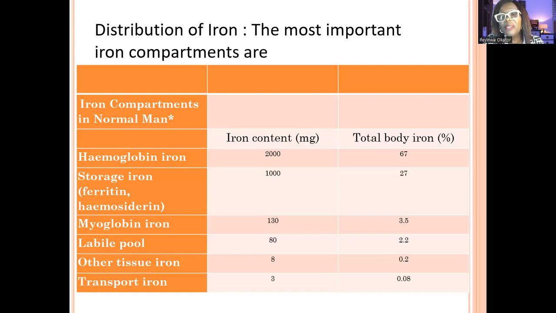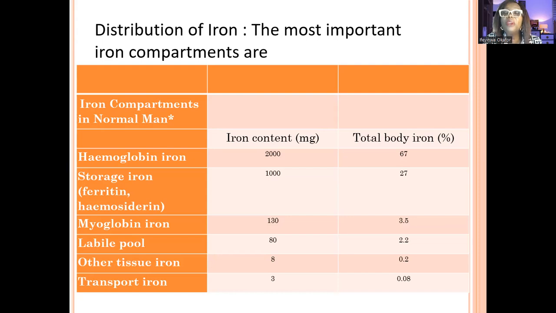We have storage iron. This is iron found as part of proteins that are used as stored iron, like ferritin and hemosiderin. We also have transport iron, iron that is found as part of transferrin, the protein that transports iron in plasma.